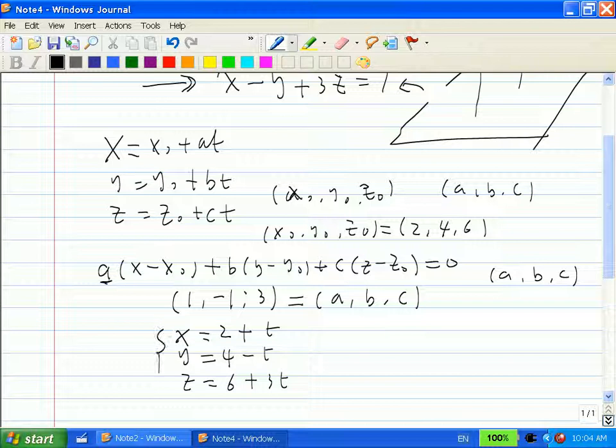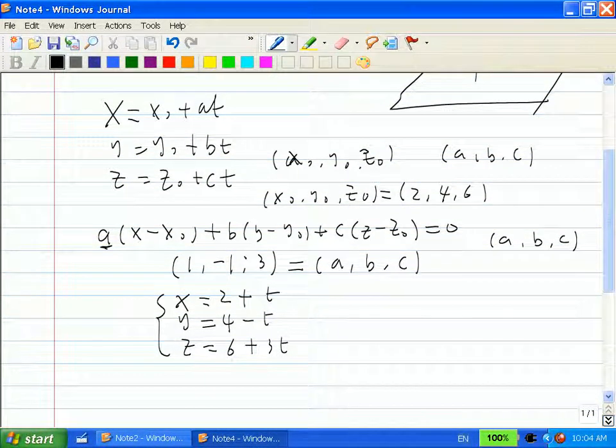So we have answered the first part: we found the parametric equation of a line through the point (2, 4, 6) and perpendicular to the given plane.